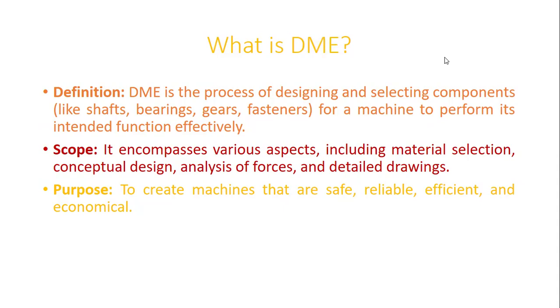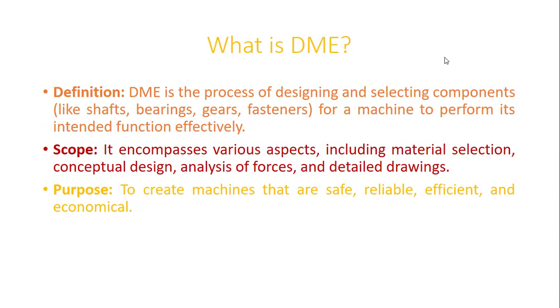It is the process of designing and selecting the components for a particular mission in order to perform its intended function effectively. Say, for example, shaft, bearings, gears, and fasteners. These are the mission elements that have to be selected for a particular mission to serve its basic function more effectively.